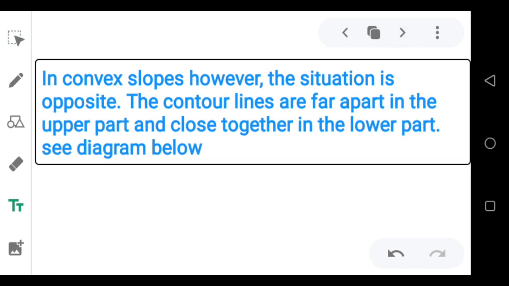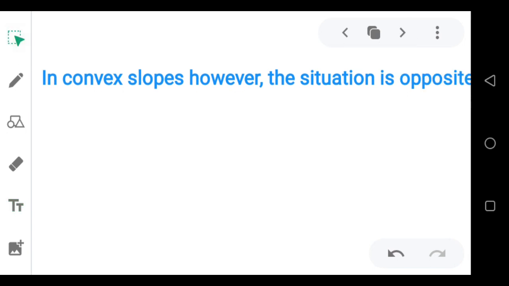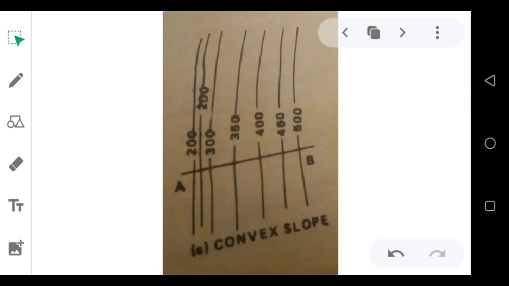In convex slopes, however, the situation is opposite. The contour lines are far apart in the upper part and close together in the lower part, as you can see in the diagram below. Can you see it?